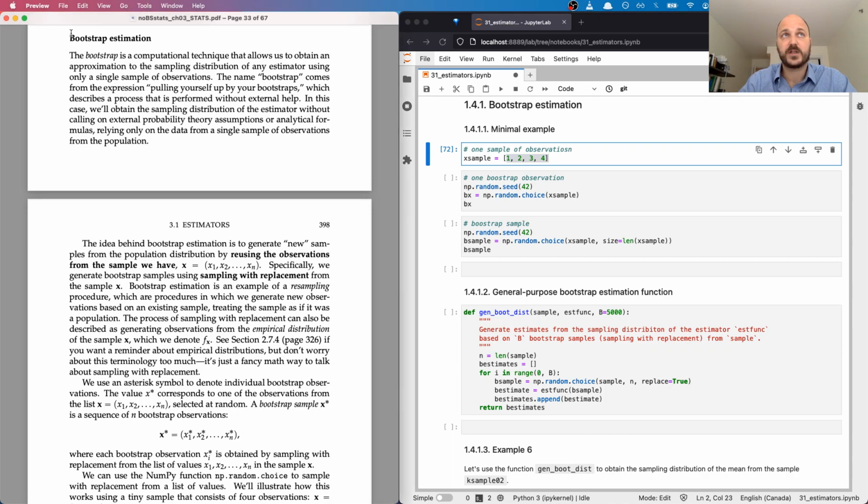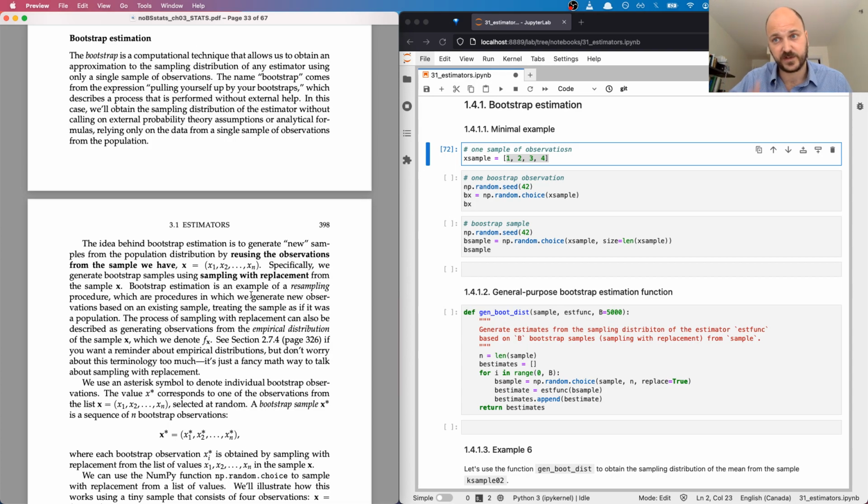And the way the bootstrap works is we're going to treat the sample, so we just have one sample, as if it was the population. Okay, so to generate new samples, the sampling distribution requires, in order to have a curve, thousands of samples from the population.